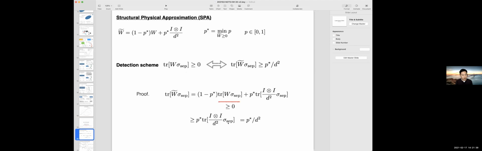Okay, but let me go into detail. The main technique I want to present is SPA. It's called structural physical approximation. Let me go through what it is. It's a very simple one. Given a witness W, which is a non-positive operator, we prepare another one, which is the identity operator, and we admix these two operators such that W tilde becomes positive. This process is called SPA.